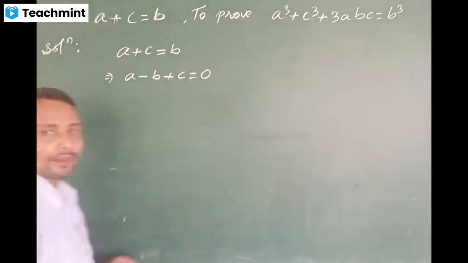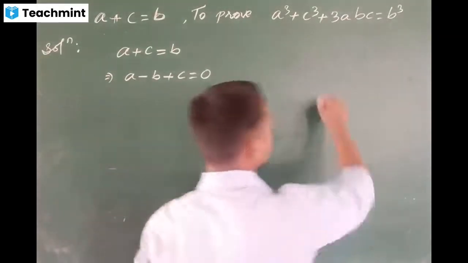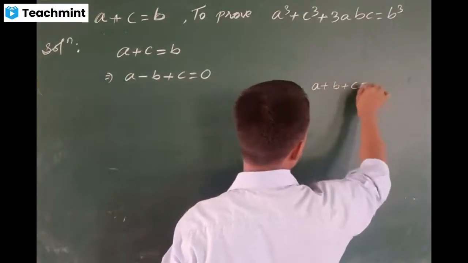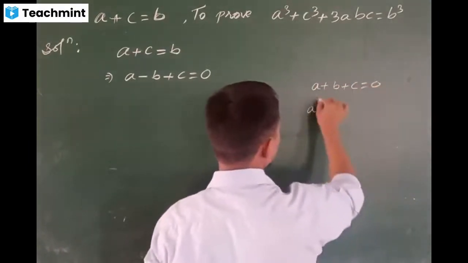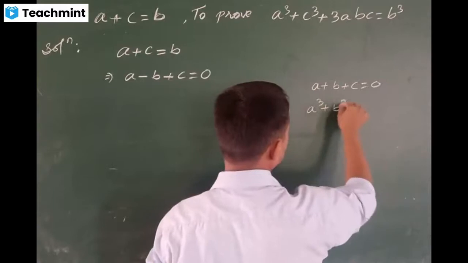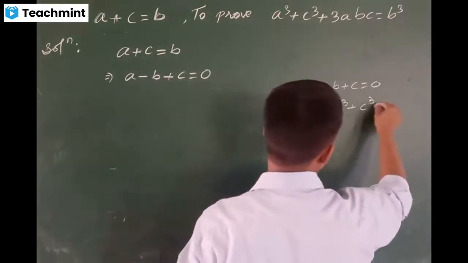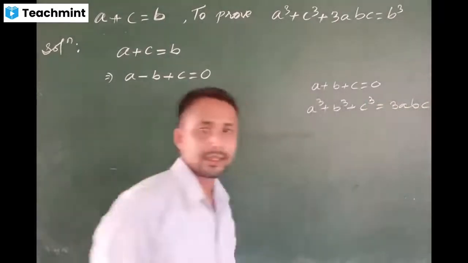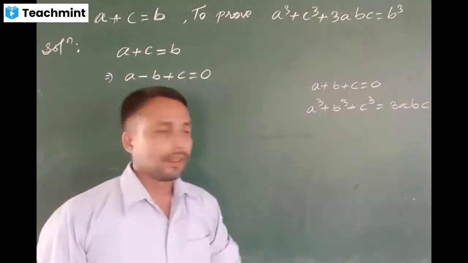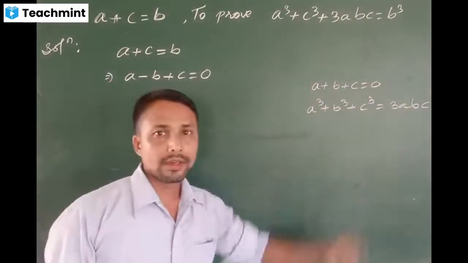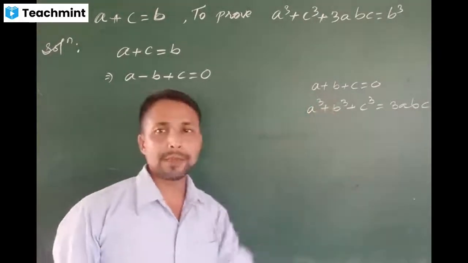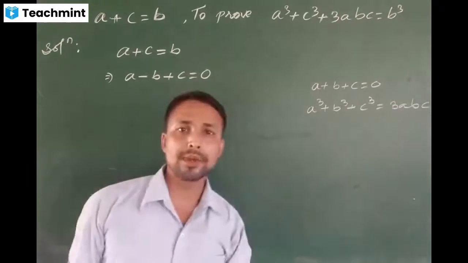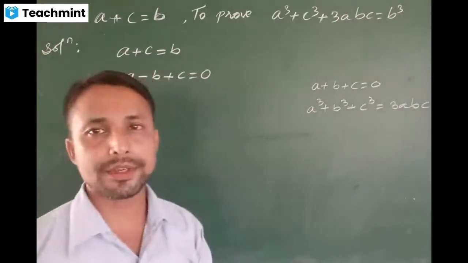We have one identity: if A + B + C = 0, then A³ + B³ + C³ = 3ABC.